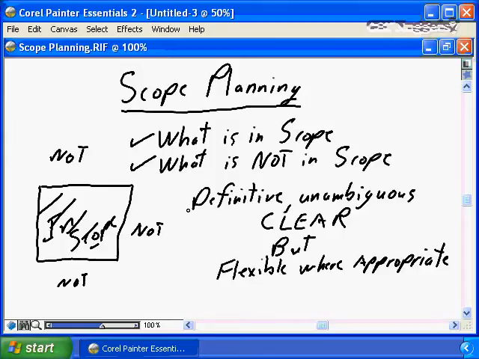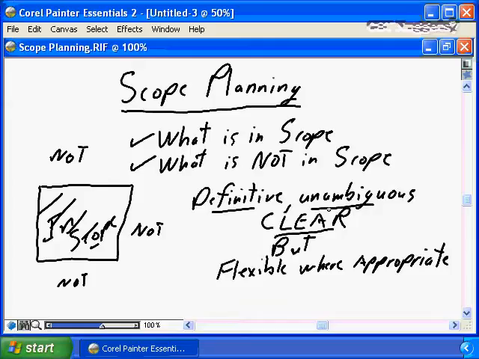In order for the scope statement to be useful, it needs to be definitive, it needs to be unambiguous, it needs to be clear, it needs to be constructed in such a way that it leaves no room for interpretation. No matter who reads the project scope statement, the business sponsor, a senior executive, an IT person, an external consultant, a contractor, a stakeholder, it needs to be definitive, it needs to clearly define what is in scope, it needs to be unambiguous, written in clear language.